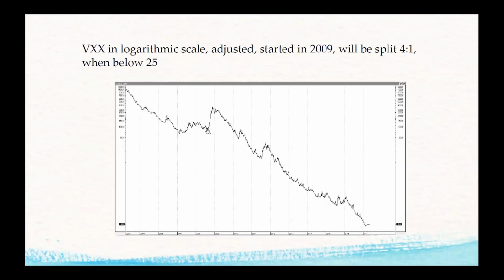So the VXX went up 4 times, but then the drift started again. It's nice trending, and it's in a logarithmic scale, but be aware of these eruptions.